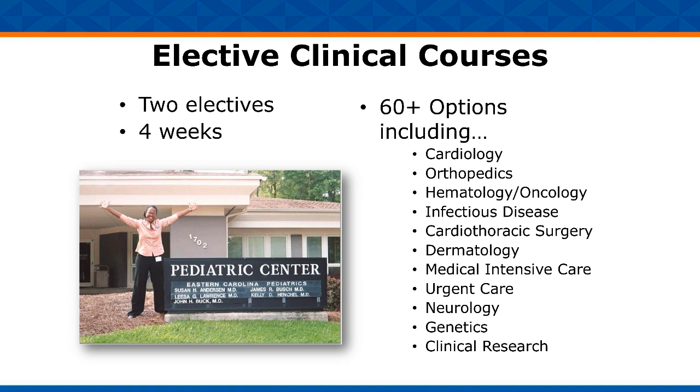There's a variety of clinical electives available to students, and I think this is one of the real strengths of coming to a large academic medical center. Students have the opportunity to select 2 electives, both 4 weeks in duration.